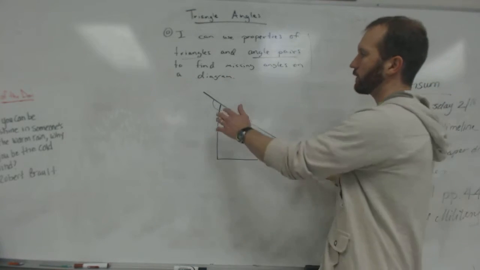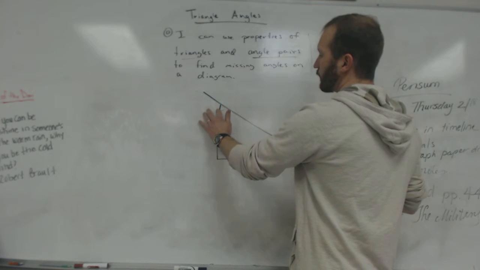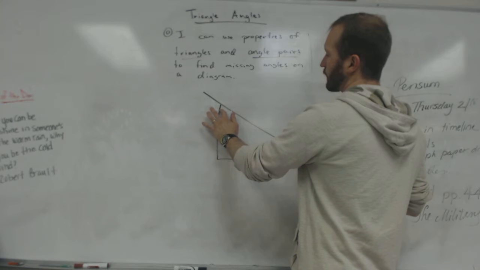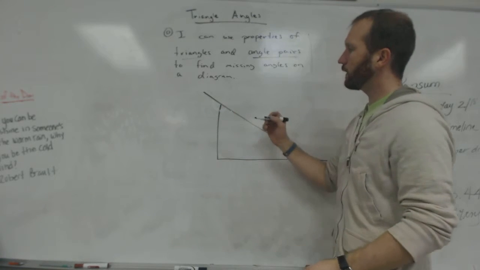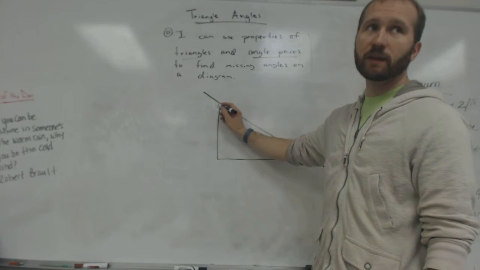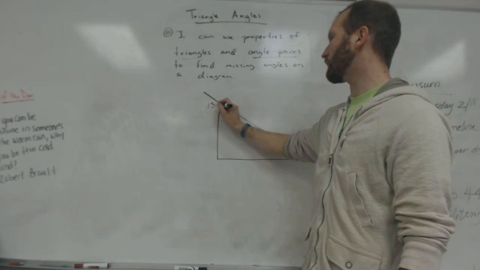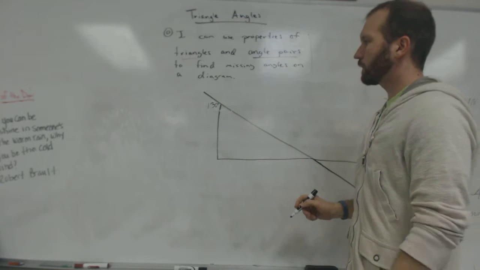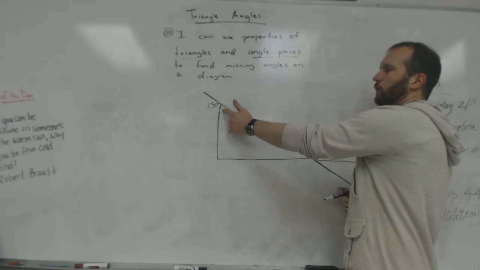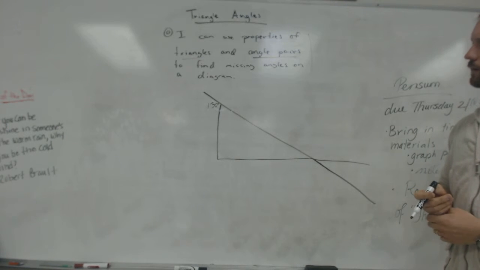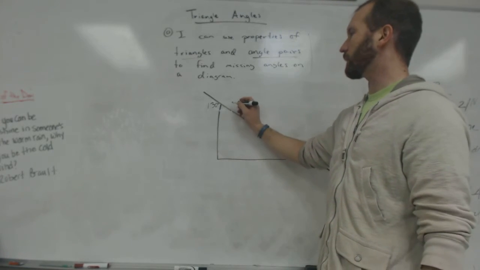It's a linear pair, right? And in geometry this is called an exterior angle of a triangle. If you're given the measurement of this, so let's say this is 130 degrees, then you can always find the corresponding interior angle by subtracting from 180.